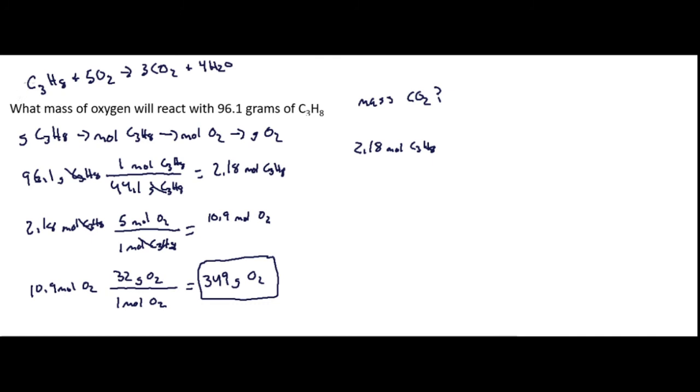So we have 1 mole of C3H8 will yield 3 moles of CO2. So write out that ratio. So 1 mole C3H8 will yield 3 moles CO2. Now that equals 6.54 moles of CO2.